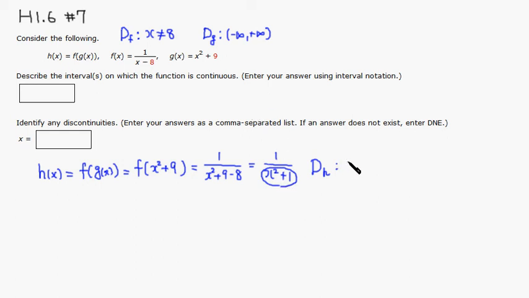So the domain is all real numbers, negative infinity to positive infinity, which means that it is actually continuous on all real numbers. So here, this is going to be negative infinity to positive infinity.